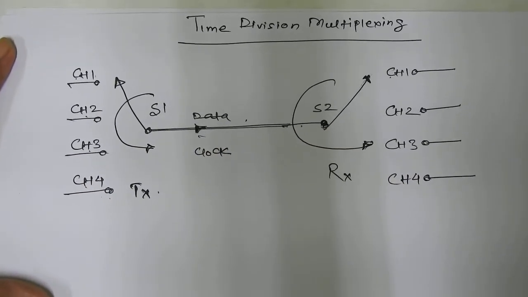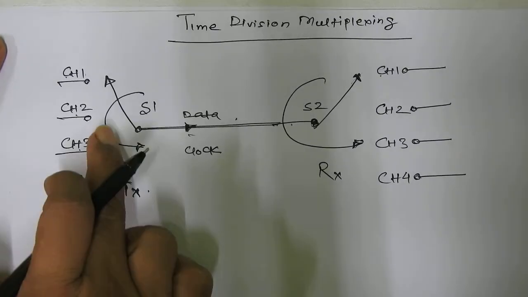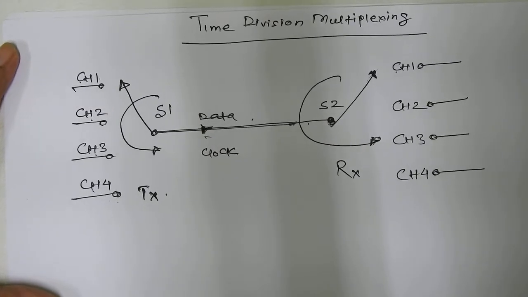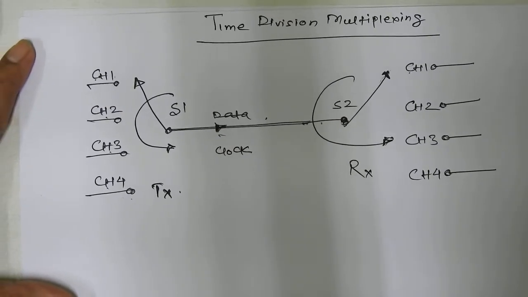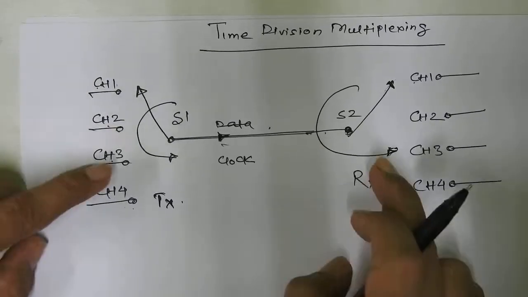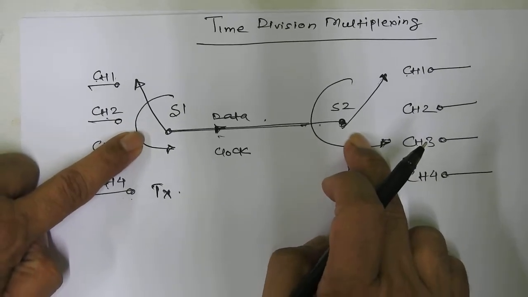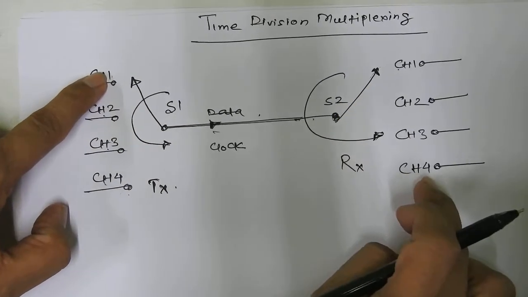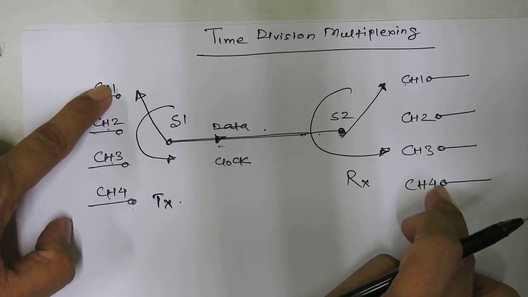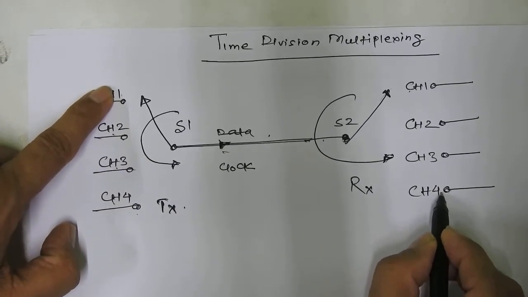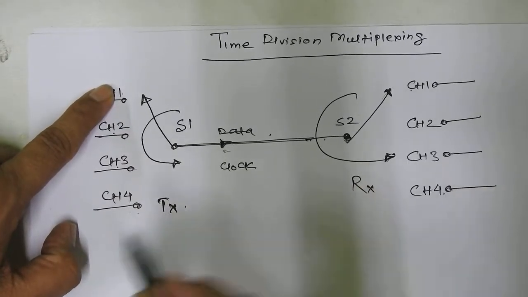And third is, even if S1 is rotating with the same speed at which S2 is rotating, if they are not synchronized, then you will not have 100% communication. Because if both are rotating with the same speed, but when S1 touches channel 1, at that time S2 touches channel 4, then the channel 1 samples will be delivered to channel 4. It will not happen that channel 1 samples will be delivered to channel 1.